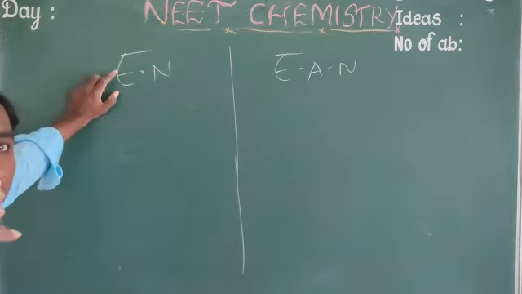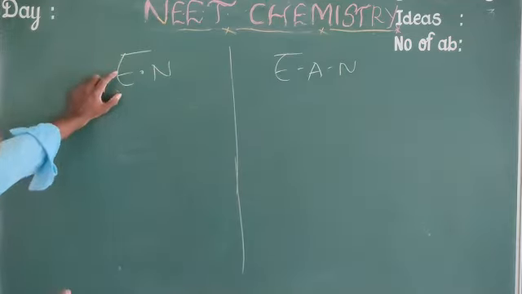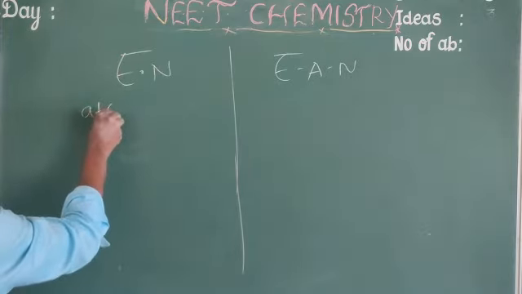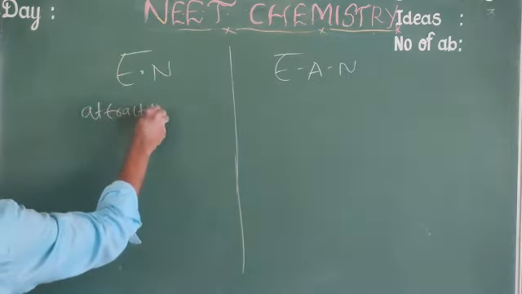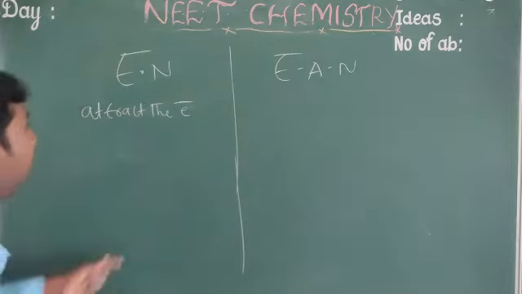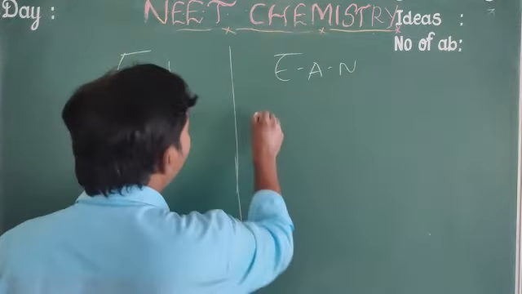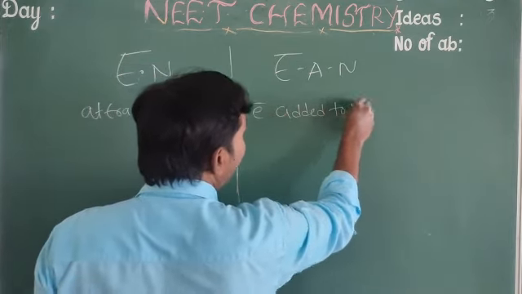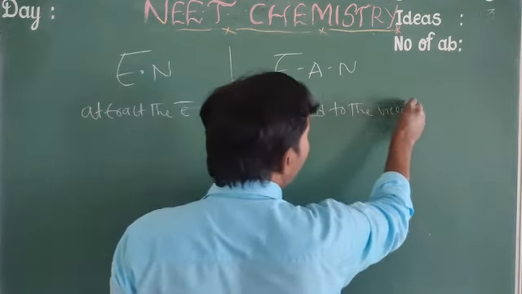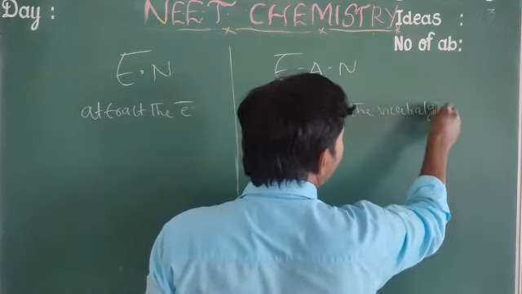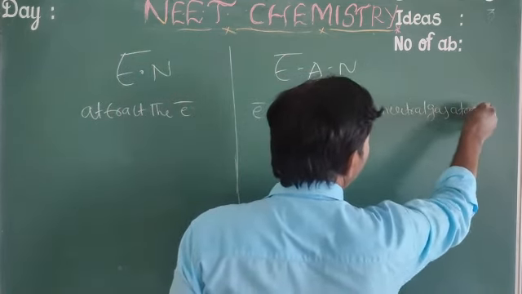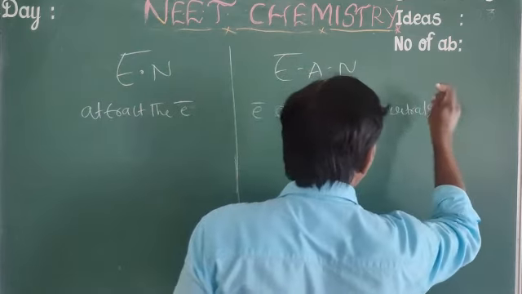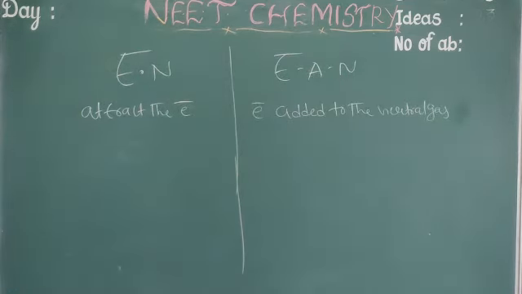Electronegativity means the ability of an atom to attract electrons itself. Here, in electron affinity, an electron is added to a neutral gas atom, a neutral gaseous atom.